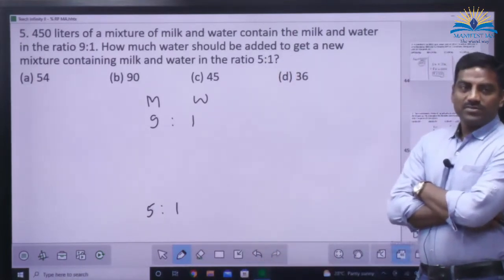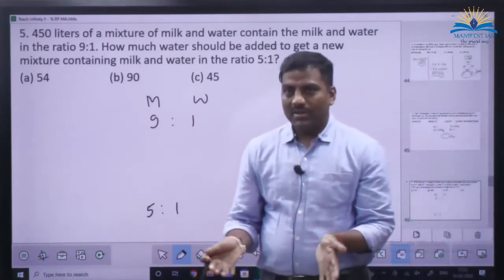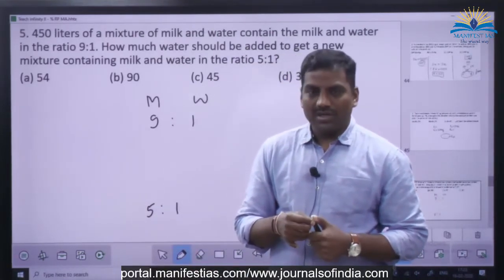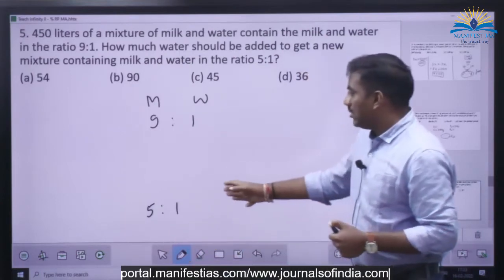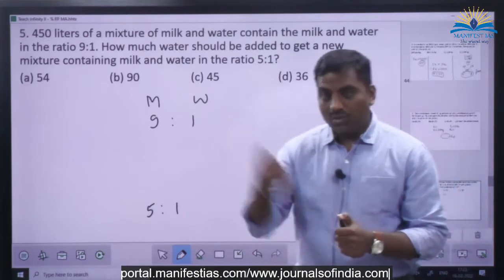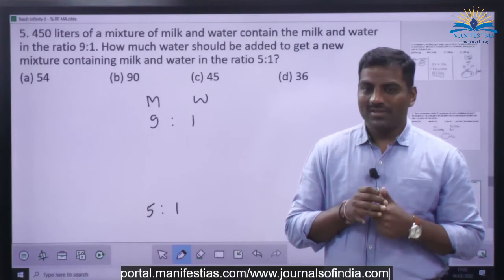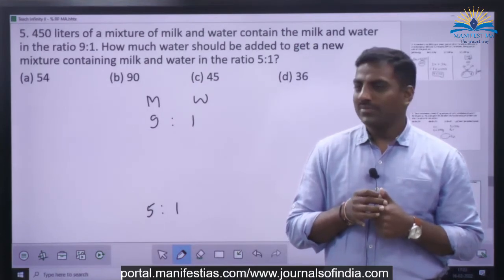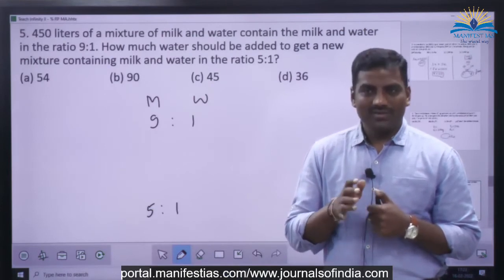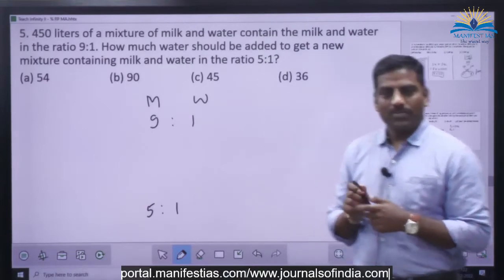Milk is getting reduced. But now I will say, in a container I have put some milk and water, and you are saying that milk's quantity has reduced. Is there any mechanism through which I can take out only milk? Hamsa Kshira Naya I've heard of, but I have not seen Hamsa doing that ever. So there is no method to take out only milk.